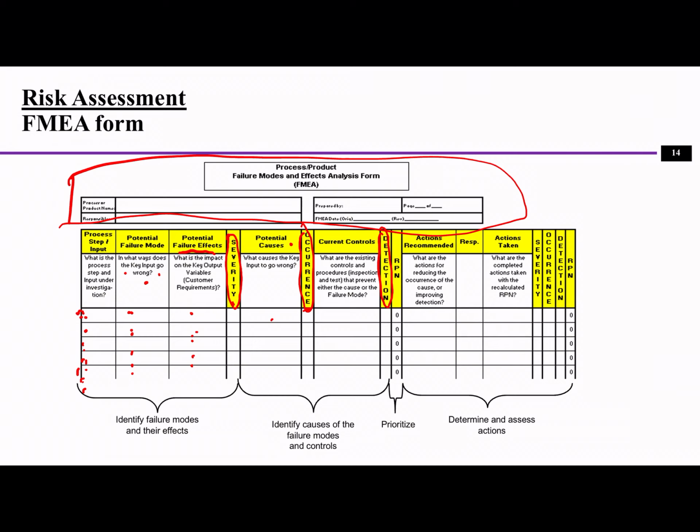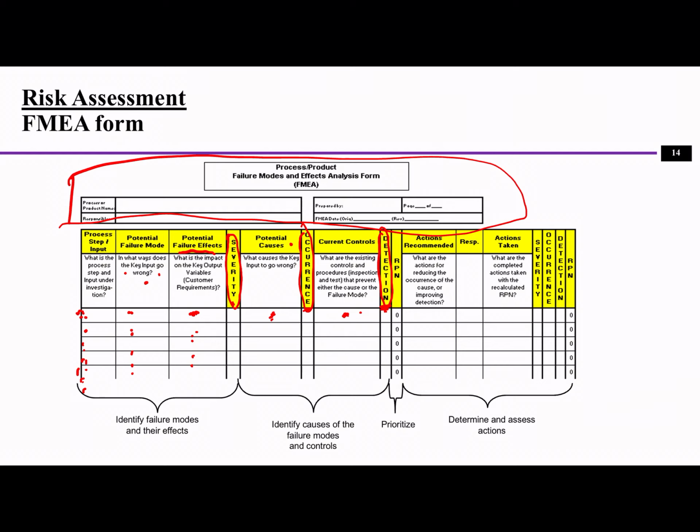And lastly is detection. We have this feature or mode that can go wrong, and these are the potential causes, but there are supposed to be some controls that affect or control this mode. Then how easily, or how difficult, can we detect this failure mode? This is detection.